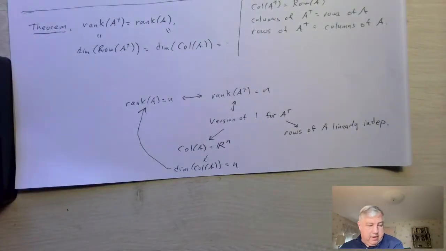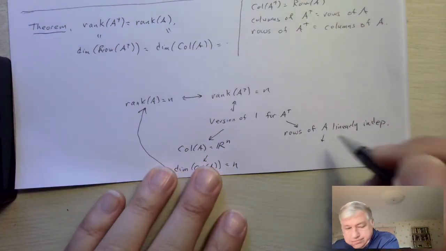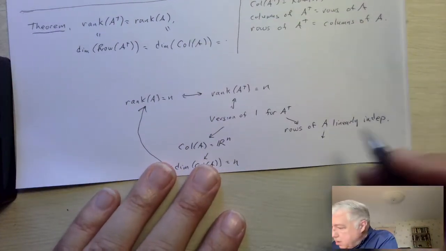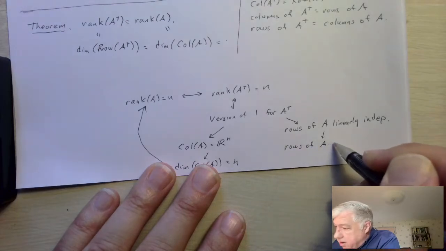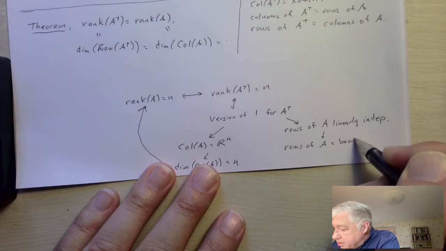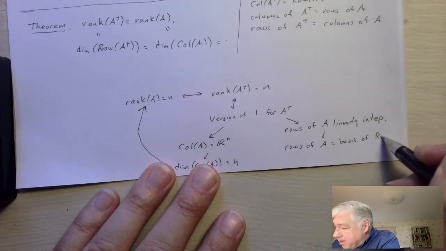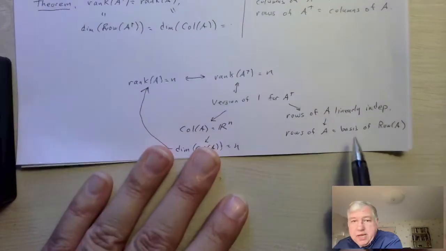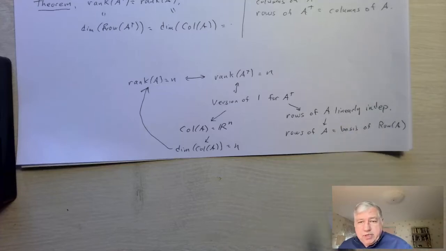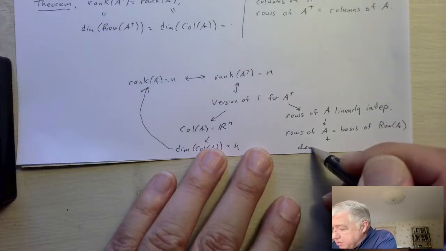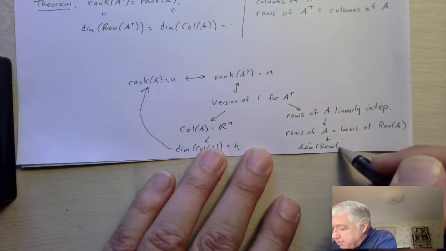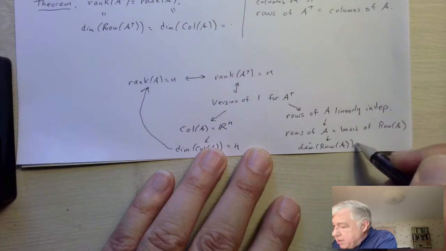And then that implies that the rows of A are a basis for the row space of A. By the same reasoning, they already span the row space and they're linearly independent, so they're a basis. And that implies that the dimension of the row space of A is equal to n.